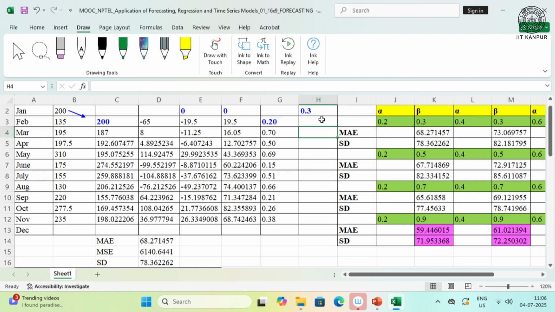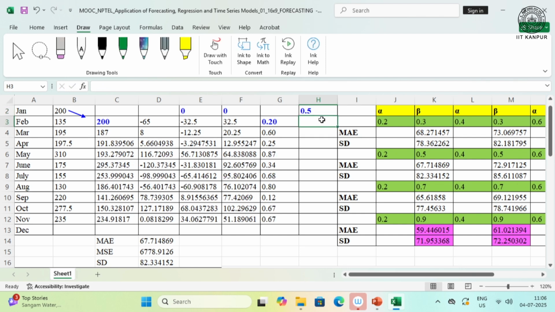So, let me do it for 0.2 alpha and 0.5 of beta, and let me check the calculation which I put in the table. So, it is 67.714869, which is in cell number D14, and that matches with the value which is given in cell number K7. Similarly, standard deviation, which is given as 82.334152 in D16, matches with the cell number K8.